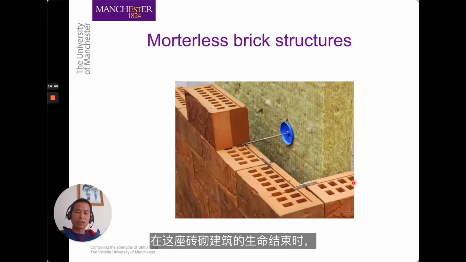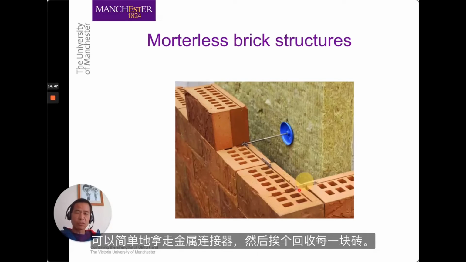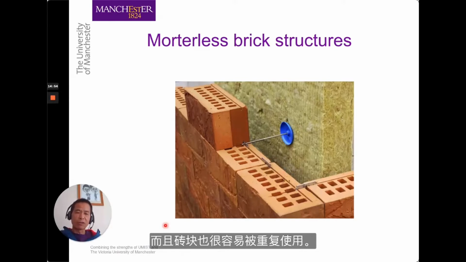So at the end of the life of this brick construction, you can simply take away the metal connectors and then reclaim each brick one by one. And then bricks are bricks, they can be easily reused.